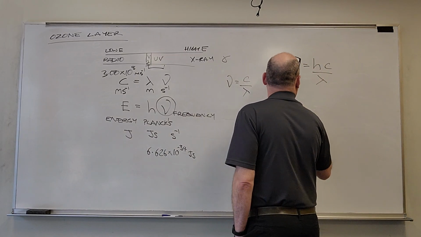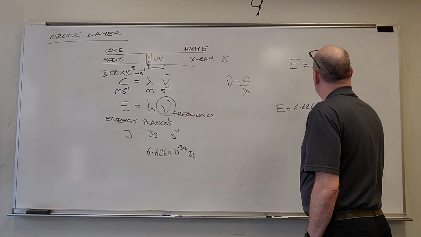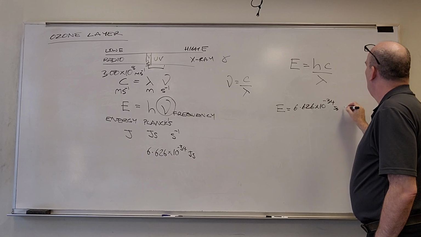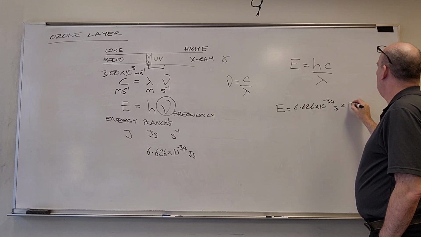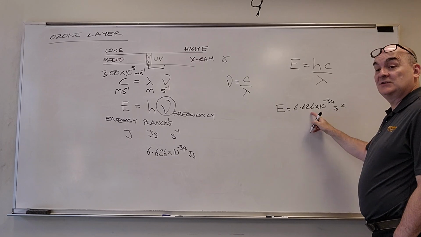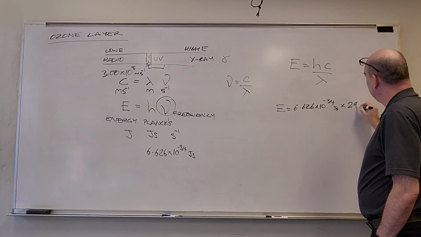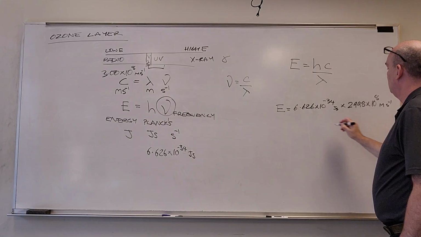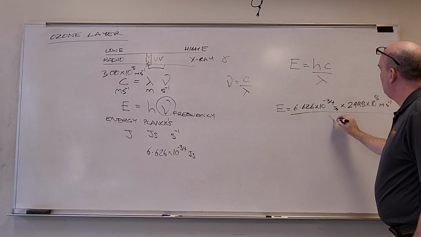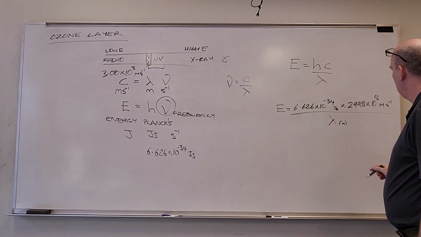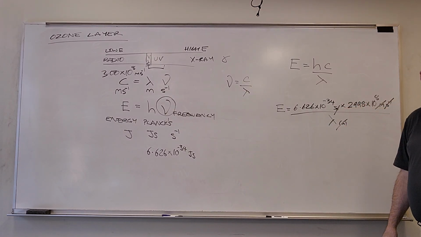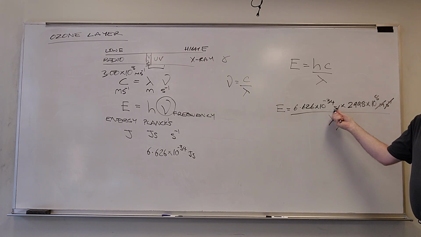E equals 6.626 times 10 to the negative 34 joule seconds, multiplied by, because this has got precision, 2.998 times 10 to the 8 meters per second, all over lambda, which is going to be in meters, okay? So this per second and that second are going to cancel out. This meter and that meter are going to cancel out. It's going to leave me an answer in joules.